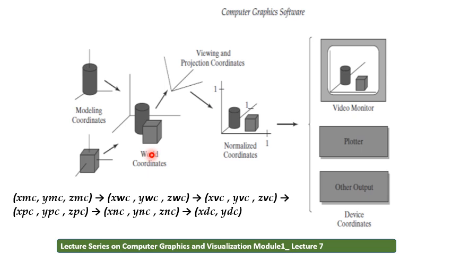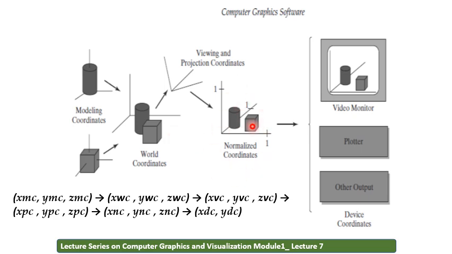Next, these world coordinate specifications are transformed through a viewing pipeline to viewing and projection coordinates, and then to normalized coordinates in the form of a 0 to 1 range, with 0 to 1 on the x-axis, y-axis and z-axis. These are called normalized coordinates.